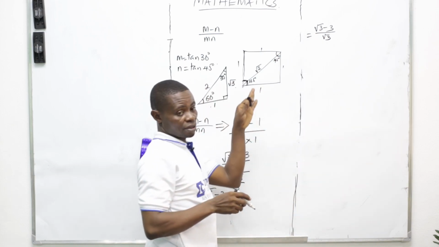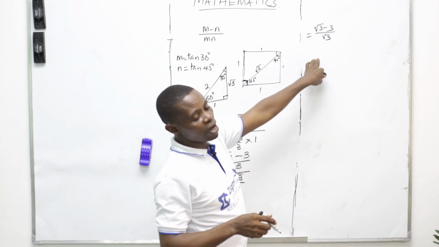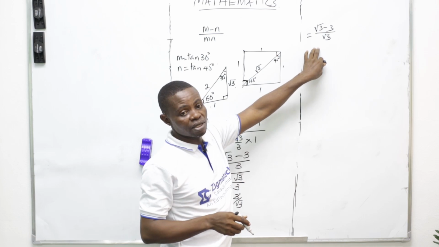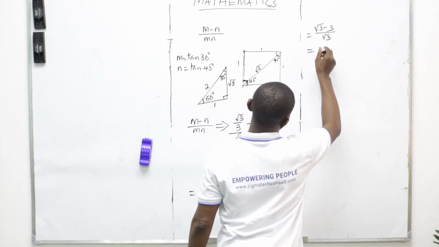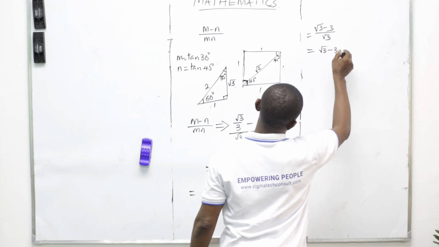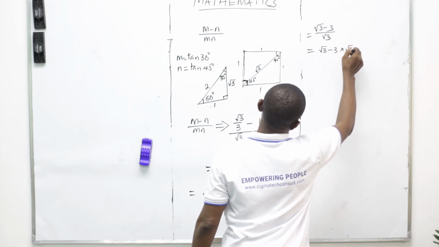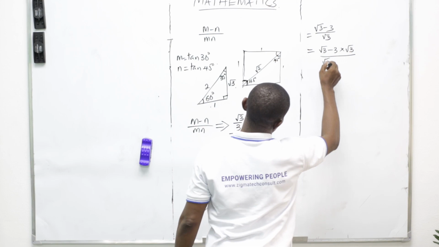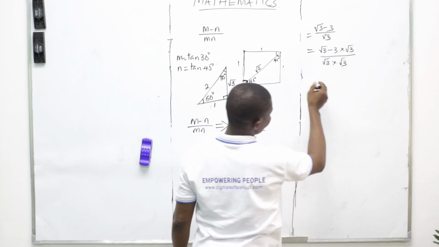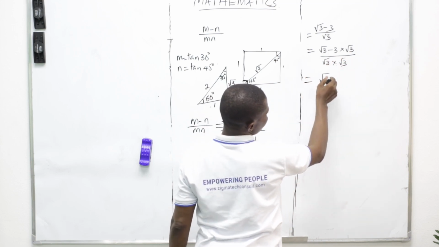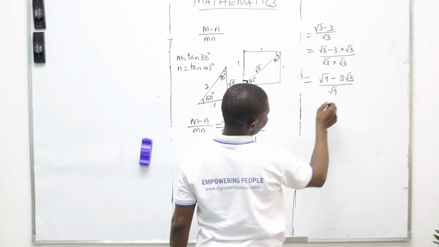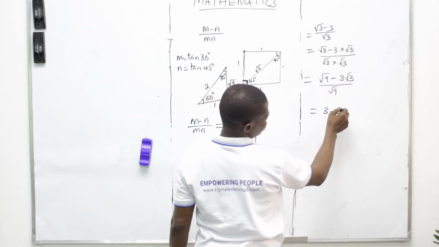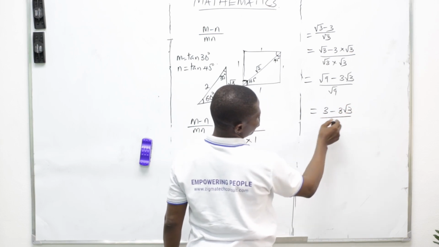Remember, in surds, whenever you have a root at the denominator, you rationalize, meaning root 3 minus 3 multiplied by root 3 all over root 3 times root 3. This will give us root 9 minus 3 root 3 all over root 9, to give us 3 minus 3 root 3 all over 3.